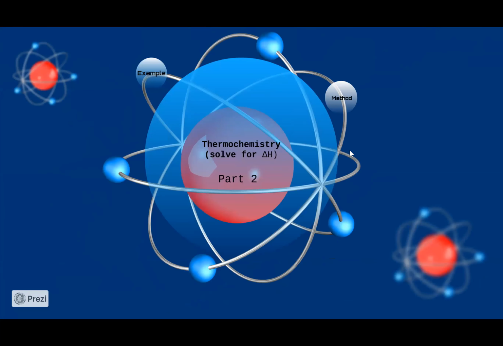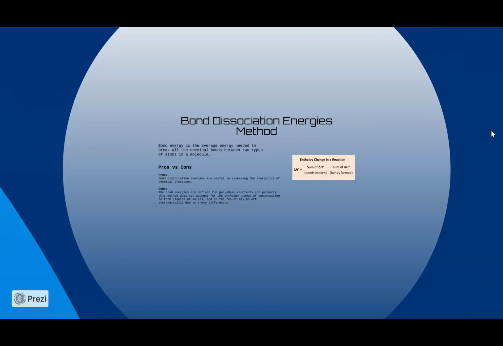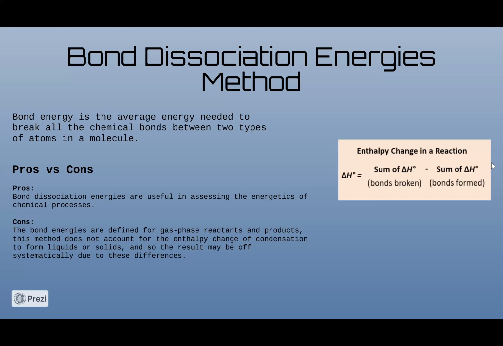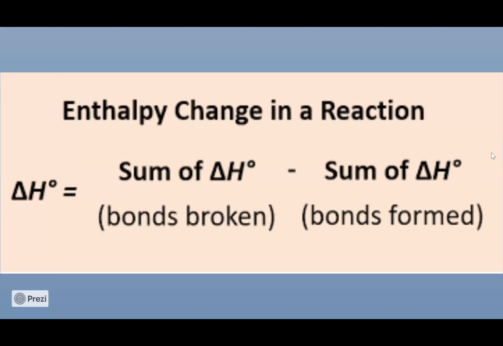Moving on to part 2, we're talking about the thermal chemistry. So the method I chose to use is the bond dissociation energies method, which is basically bond energy. Bond energy is the average energy needed to break all the chemical bonds between two types of atoms in a molecule. On the right-hand side, you realize I provided a picture, which shows the formula that you should be applying.